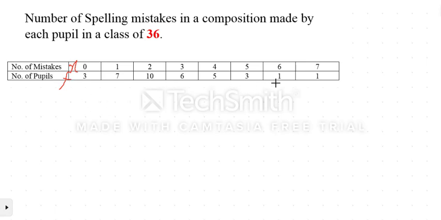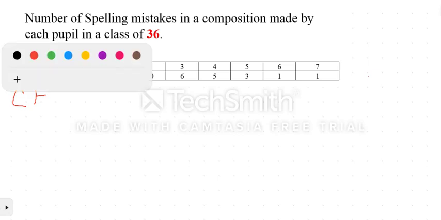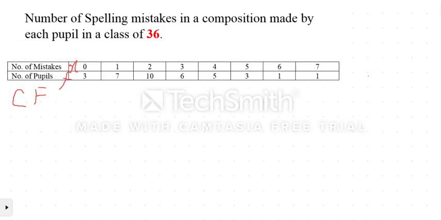To find the median of the frequency table, it is easier to find CF first. What does this CF mean? It is cumulative frequency. How can we find the cumulative frequency? We have to add these F. So we write this frequency 3 as it is. Then we add this 7 with this 3 and it becomes 10.